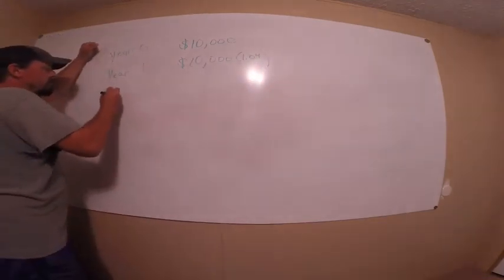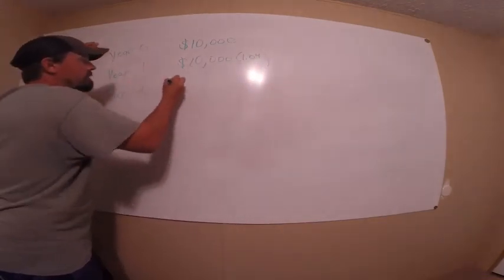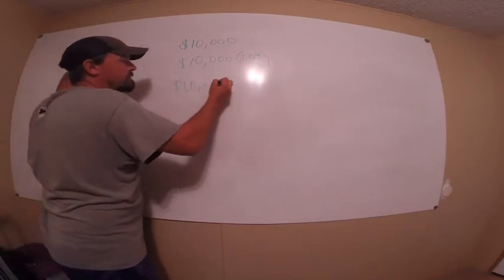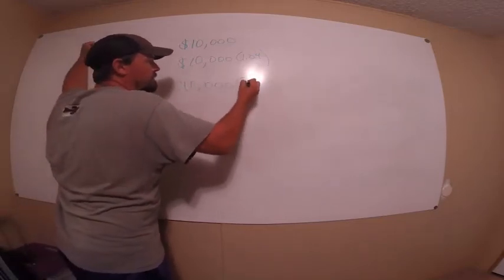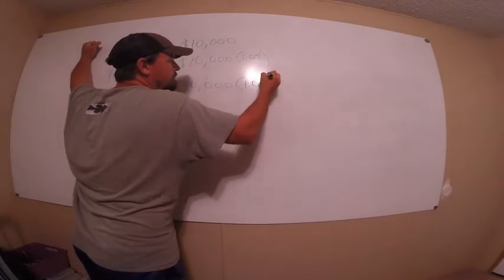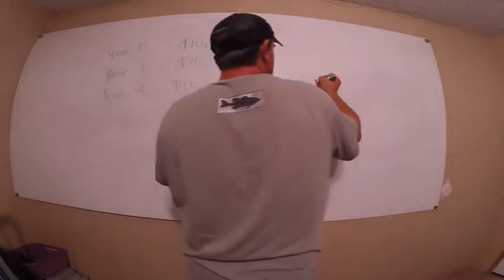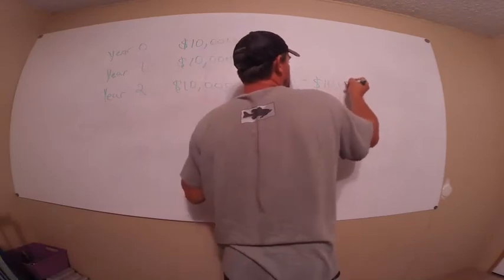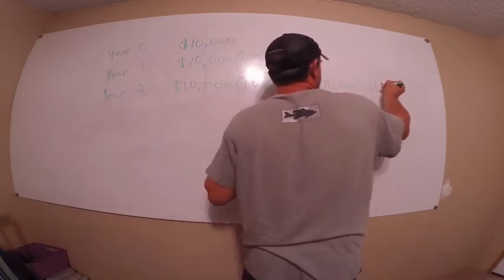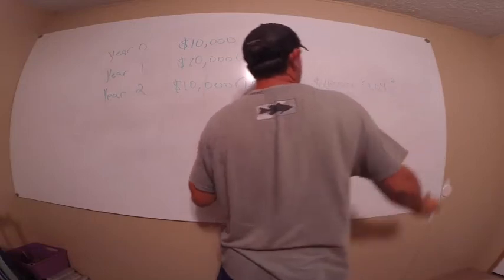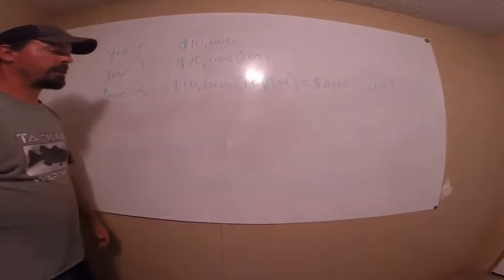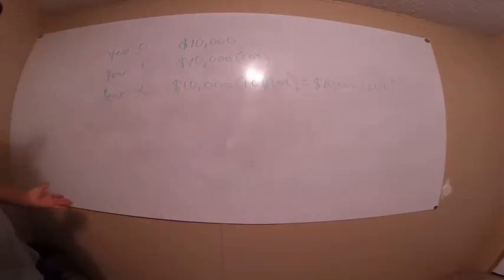Year 2, we said it costs $10,000 times 1.04 times 1.04, which we said equaled $10,000 times 1.04 squared. Okay, we want to find t years after 2012.